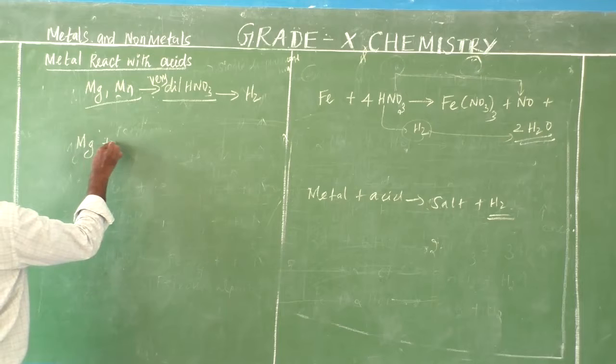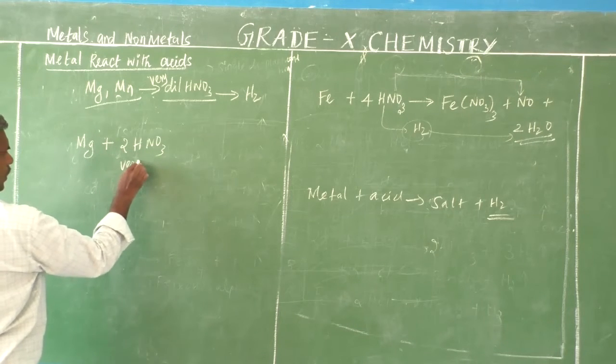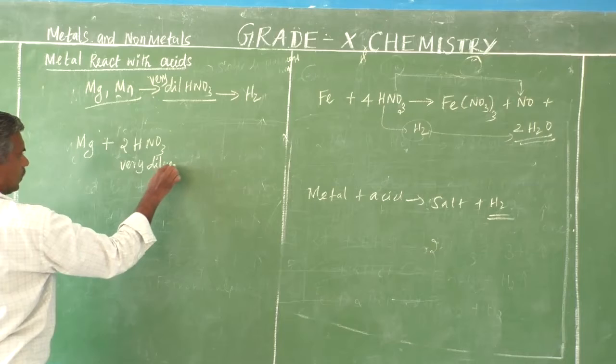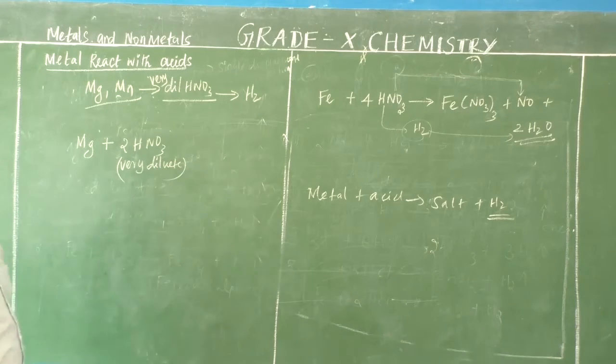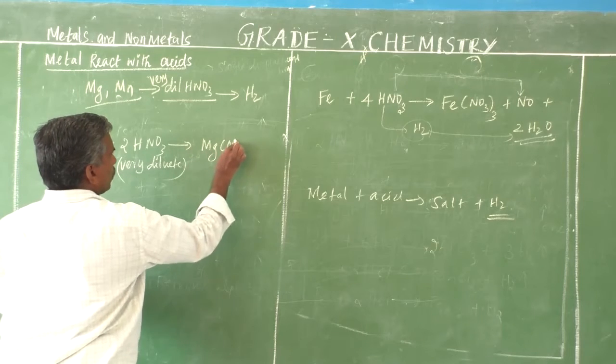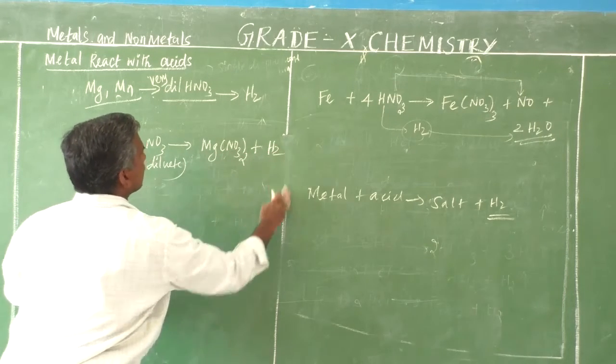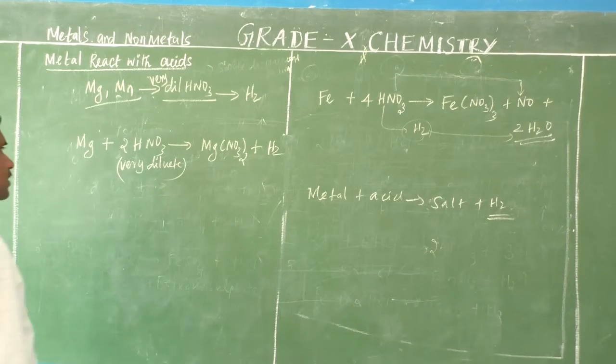For example, magnesium reacts with very dilute nitric acid to form the salt Mg(NO3)2 plus hydrogen gas being released.